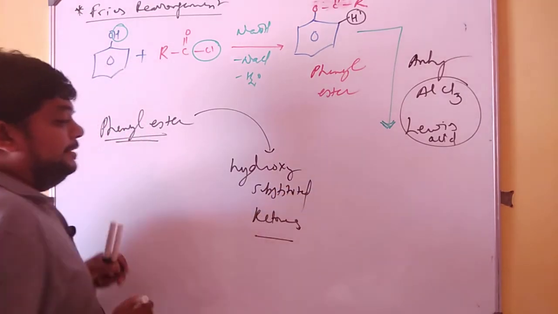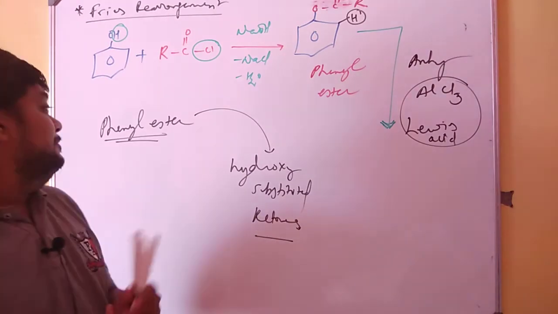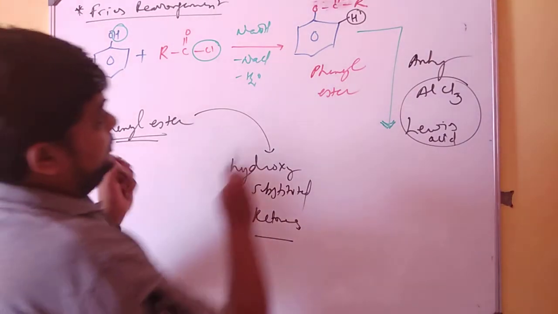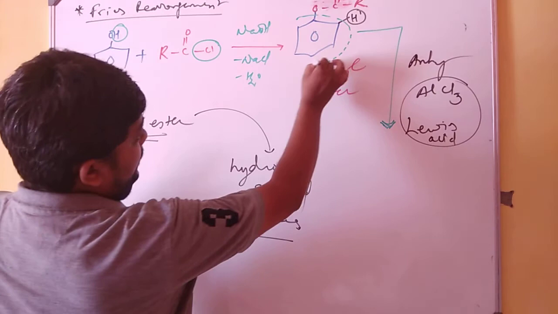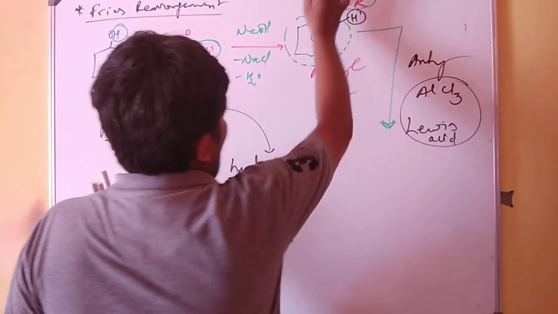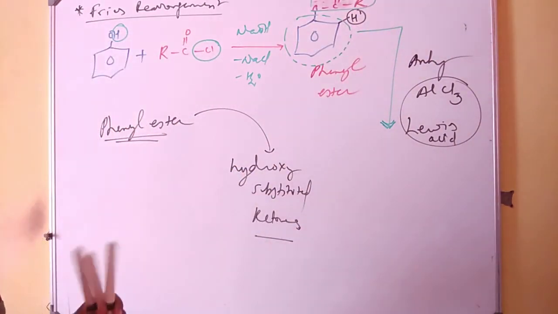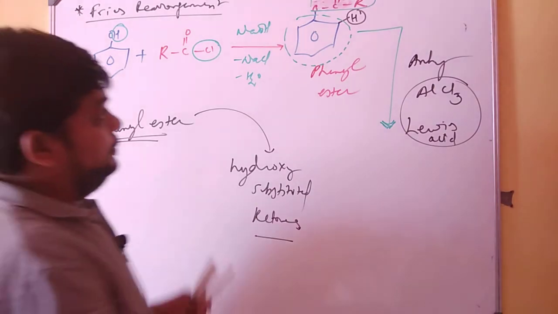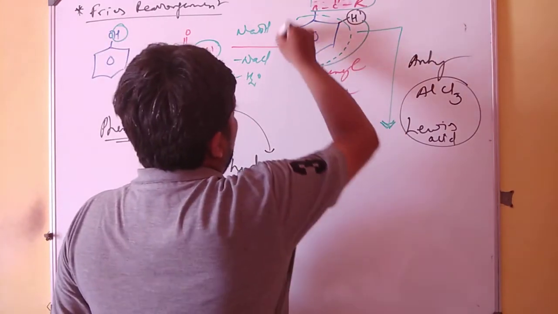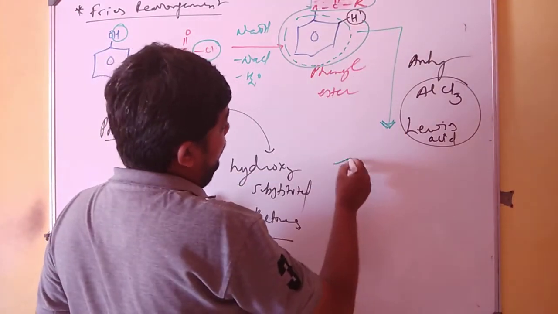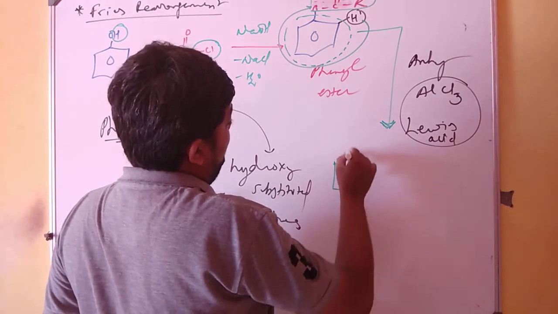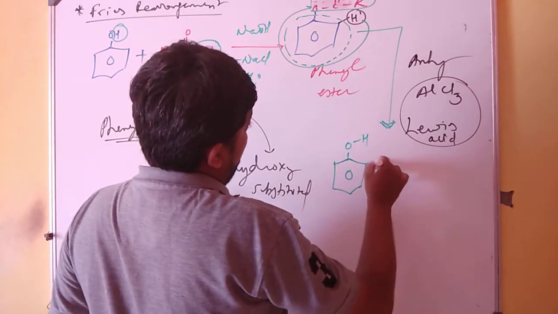Viewers and subscribers, we need to catch the words. Phenyl ester gets converted into hydroxy substituted ketones. So the H will shift over here and the rest will come down. So I'll have a product OH-COR.